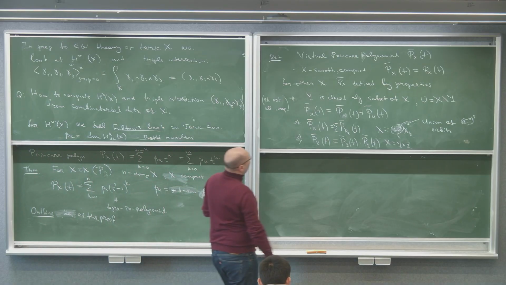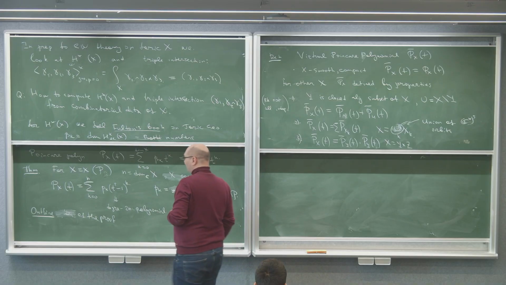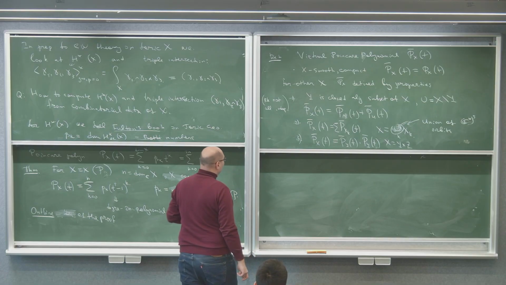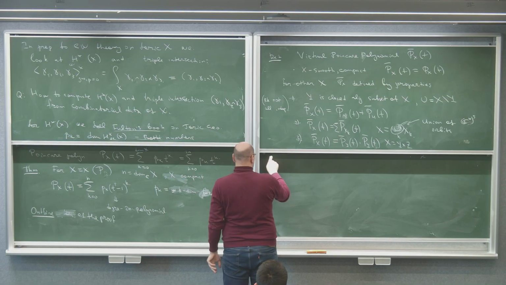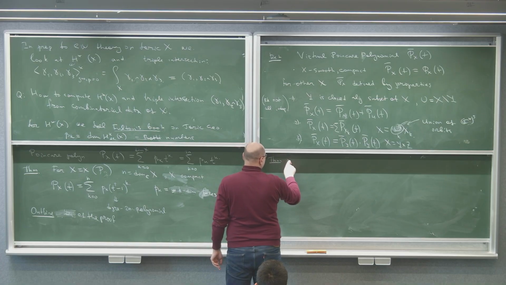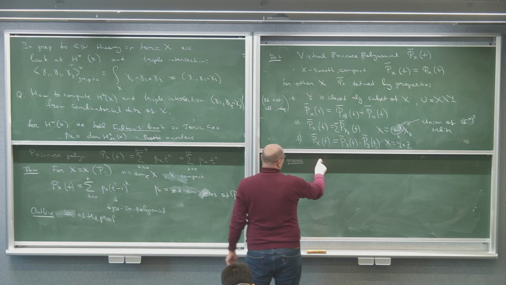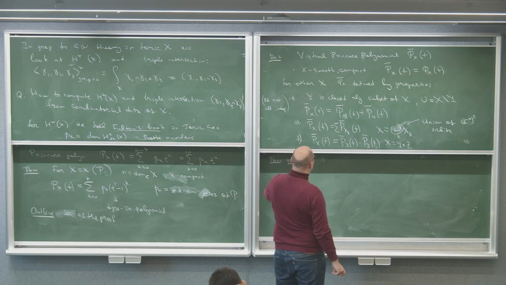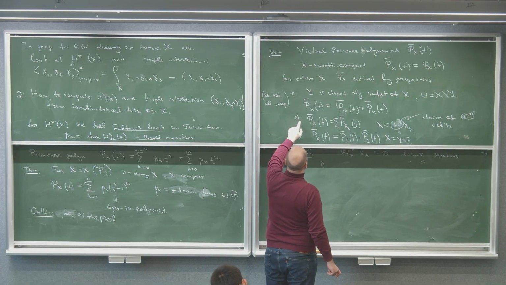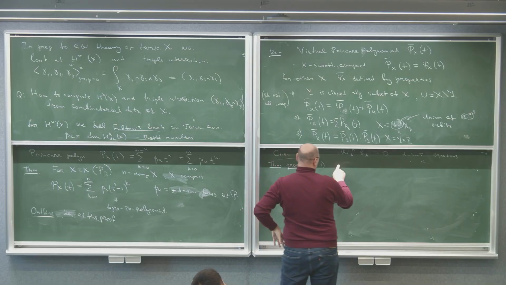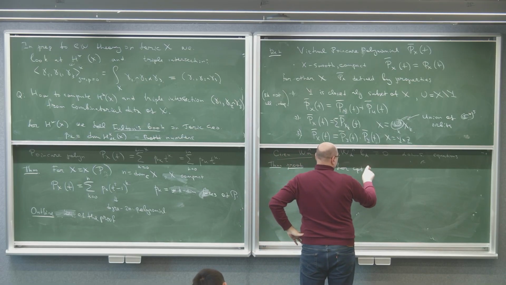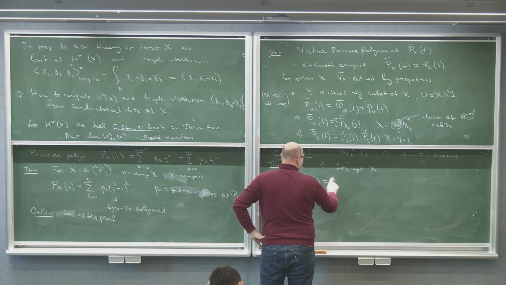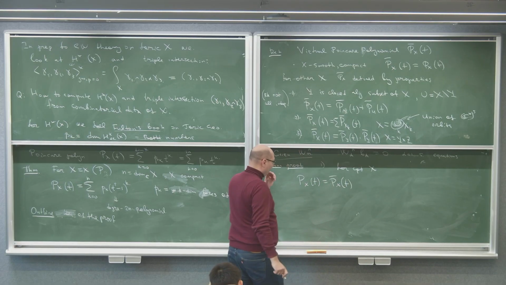Okay, so now what we can do to actually prove this theorem is use this virtual Poincare polynomial. Theorem proof. As step one, our key idea is to use property 2 and the defining property. So for compact X, the Poincare polynomial of X by definition is this virtual Poincare polynomial.